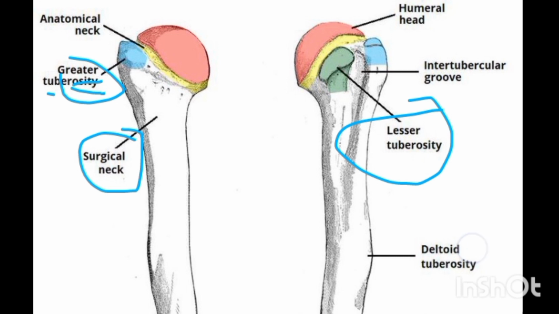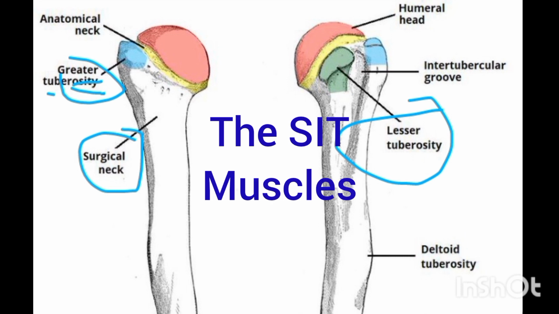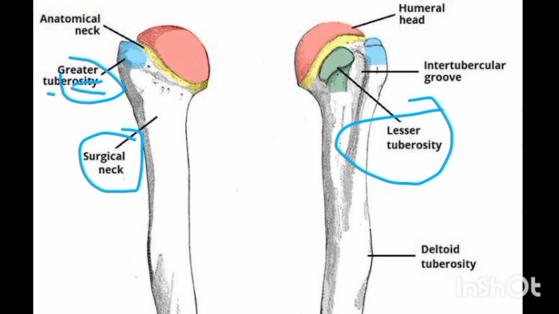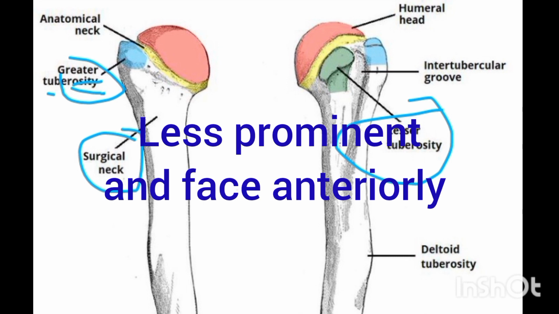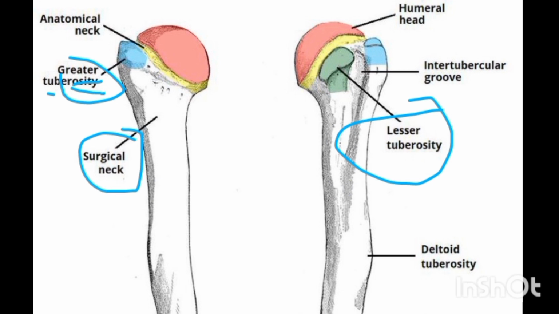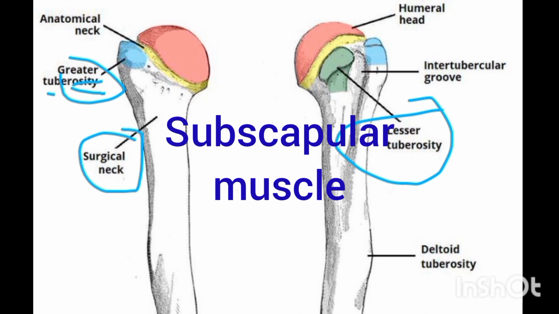These muscles include the supraspinatus muscle, infraspinatus muscle, and your teres minor muscle. While your lesser tubercle is less prominent and faces anteriorly, it provides an insertion site for your subscapularis muscle.